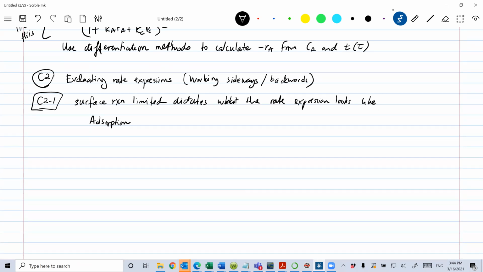So here's what you would do. Let's say you don't know anything about the reaction. You run a bunch of experiments, you get the data, you analyze it, and from the data you hypothesize, oh, this is going to be a dual site. And for a dual site, we tell ourselves this is going to look like this.